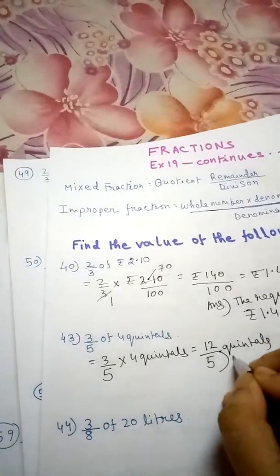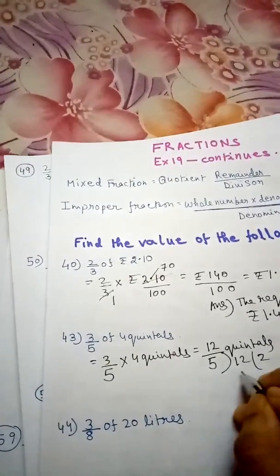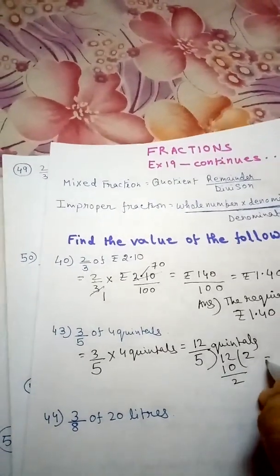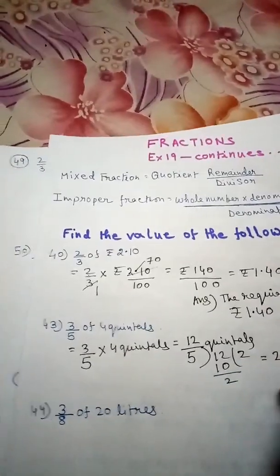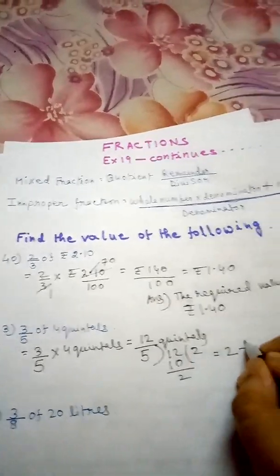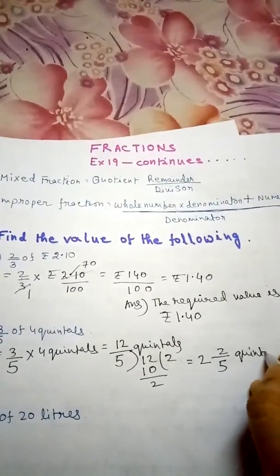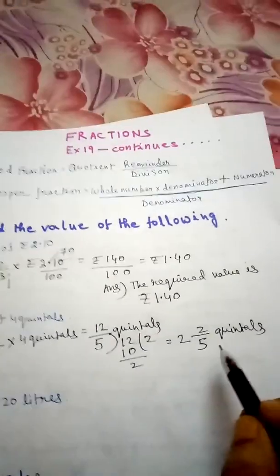Convert into mixed fraction. So this is equal to 2 whole number 2 by 5 quintals.